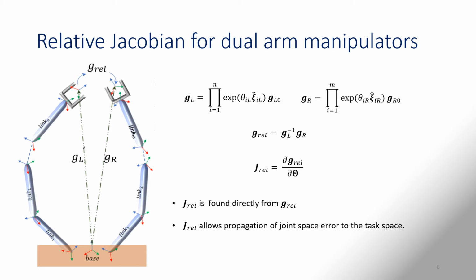Knowing G relative, we can compute relative Jacobian JREL by partial differentiation of G relative with respect to joint angle vector theta. Computing J relative allows us to propagate the joint space error set to the position and orientation task spaces.